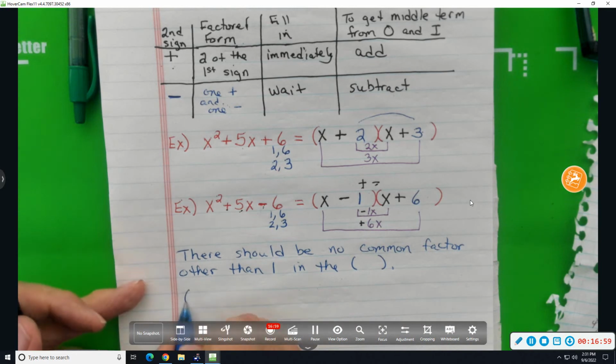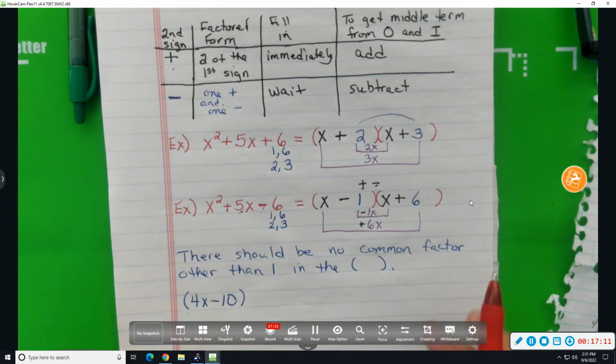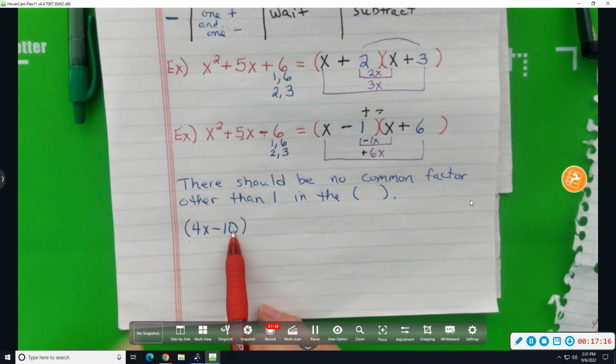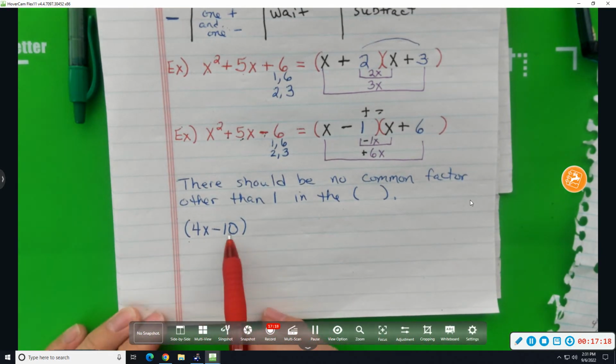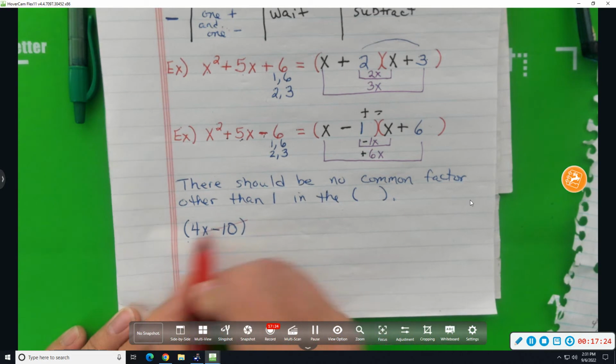Well, let's see. If you were trying to factor something, (4x minus 10). Could you ever have that in one of the sets of parentheses? Well, look at the two numbers, the 4 and the 10. Is there some number other than 1 that divides into both of them? Yeah. What divides into both of those numbers? 2. You can't do that.